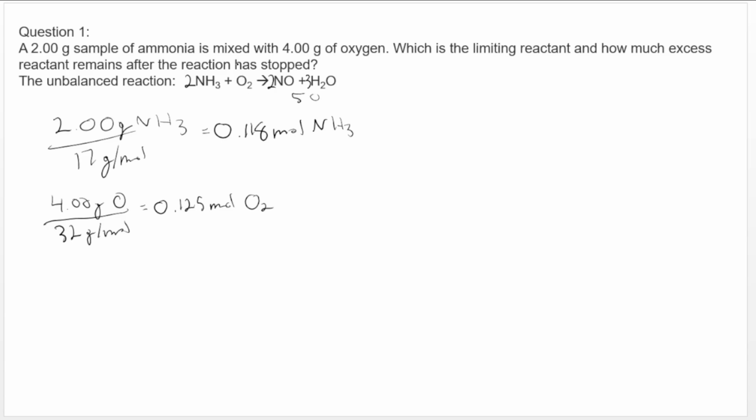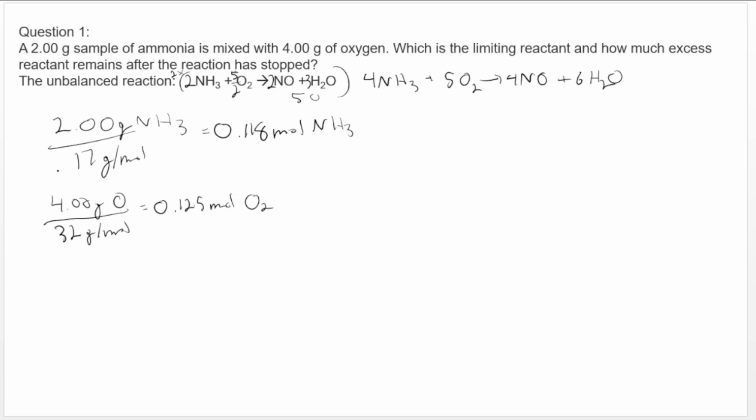The way to balance this is when you have an O2, we want to put a fraction of 5 over 2, and then we can multiply the entire reaction by 2 because we can't have fractions in our completed balanced reaction. So our new reaction is going to be 4 NH3 plus 5 O2 yields 4 NO plus 6 H2O.